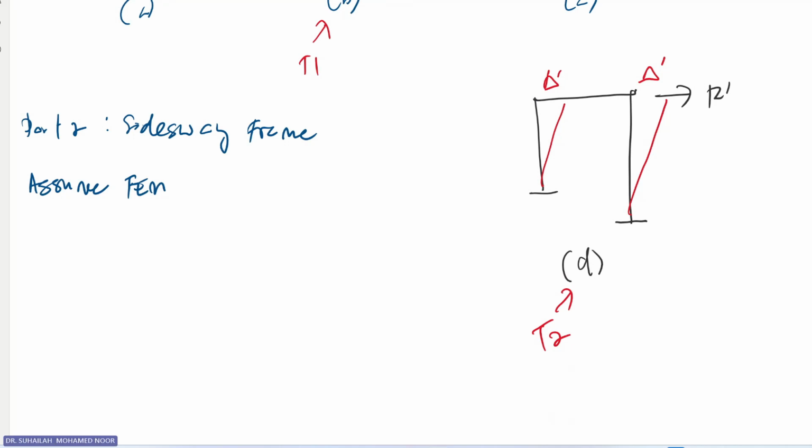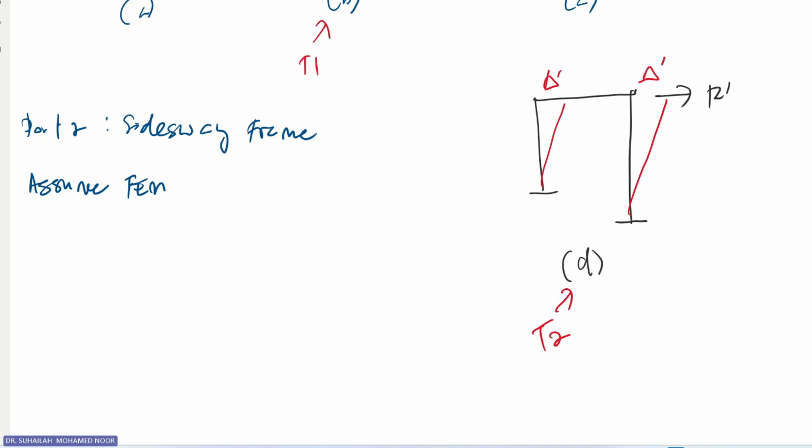Then we continue to calculate M prime. So what we need to do is assume FEM for one member. We can choose AB, we can also choose CD, but let's choose member AB.